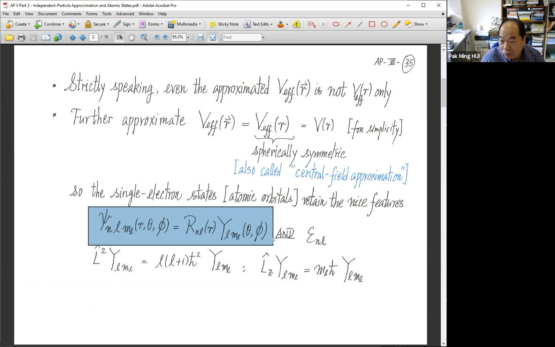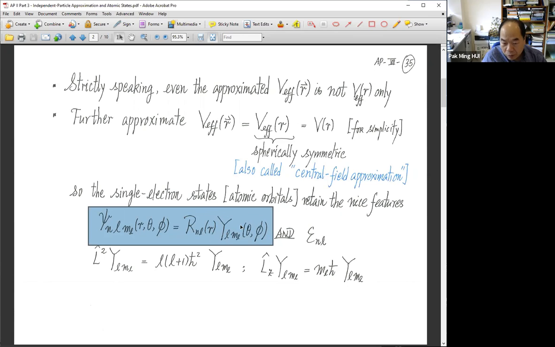Okay, it is the central field approximation, or central force in classical mechanics. Only the radial part will depend on the exact form of this spherically symmetrical potential. The angular part is standard. It is always like this.